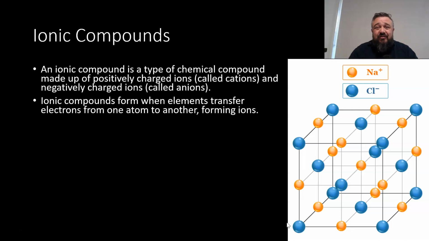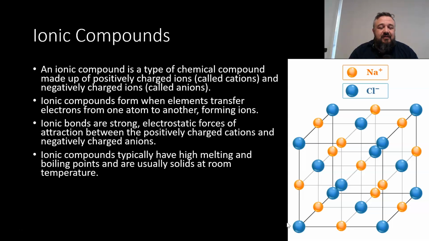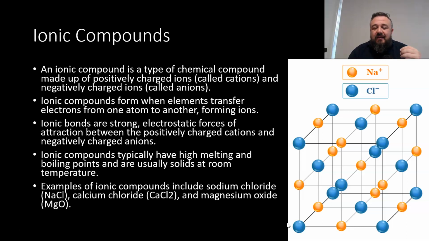They get really attractive to each other and stick together through electrostatic forces. These are really strong bonds. They have high melting and boiling points, and are usually solids at room temperature. Examples of these are sodium chloride, calcium chloride, or magnesium oxide.